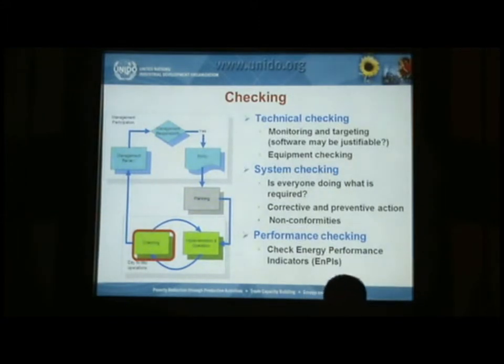And the most useful indicator is the energy performance indicators. So we need to develop these indicators. It need not be a fixed indicator. It is actually something which is unique to your industry or to your office. So you develop your own system, you develop your own indicator, and you monitor that.